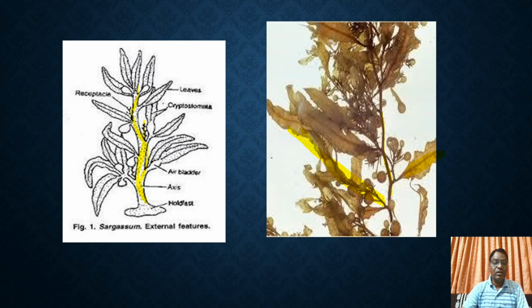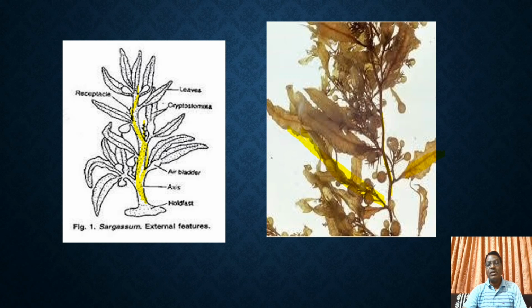Then the second important function: this entire plant is growing in water, submerged in water, but for its metabolic activities it requires gases like carbon dioxide for the process of photosynthesis and oxygen for the process of respiration.